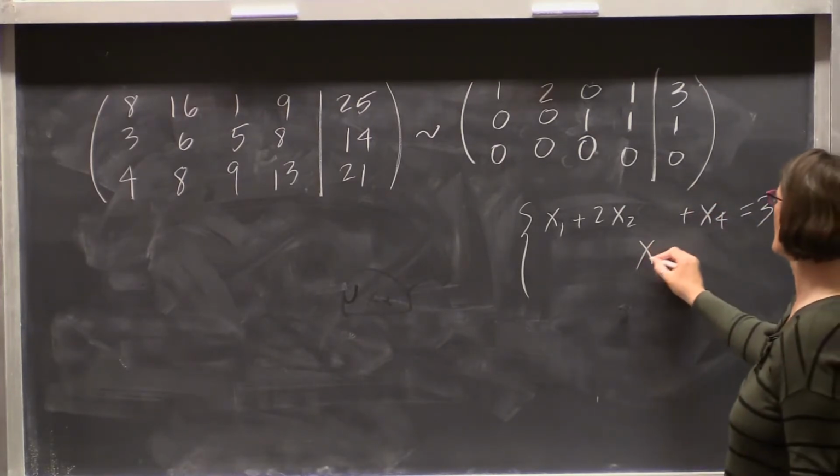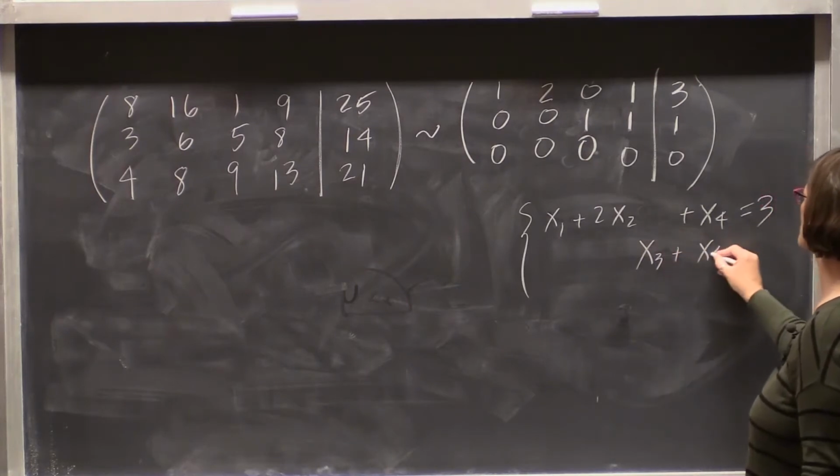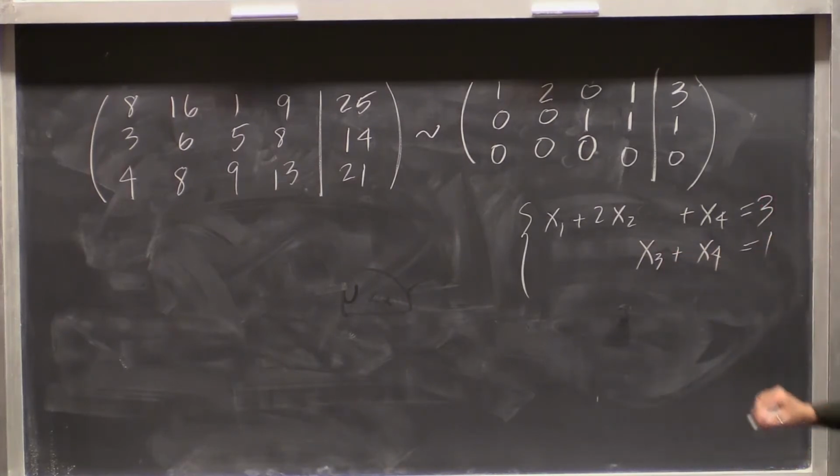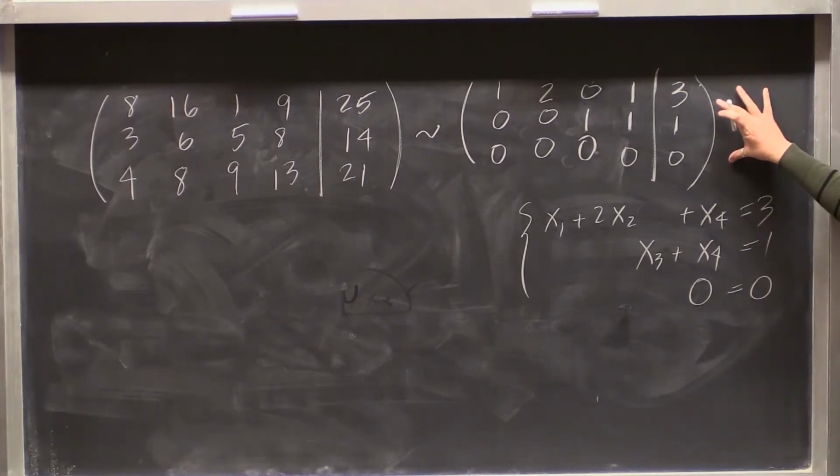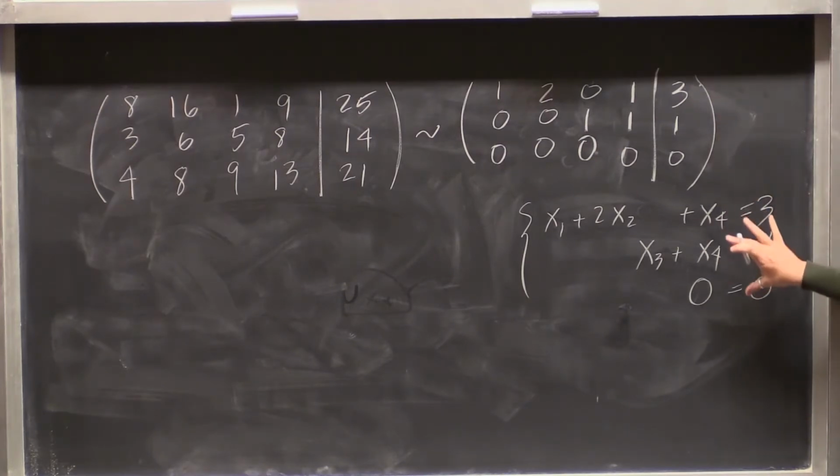You would write down x3 plus x4 equals 1. And you would write down 0 equals 0. So technically, this represents how many equations? 3.